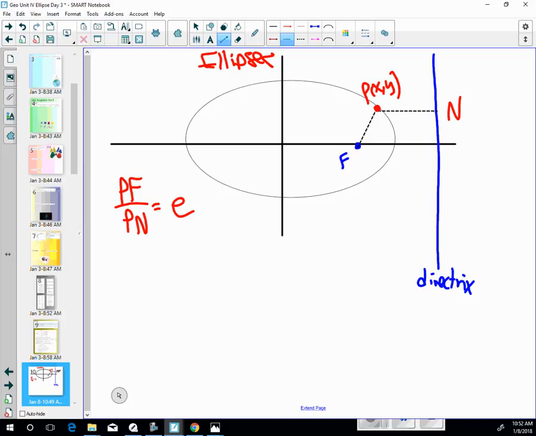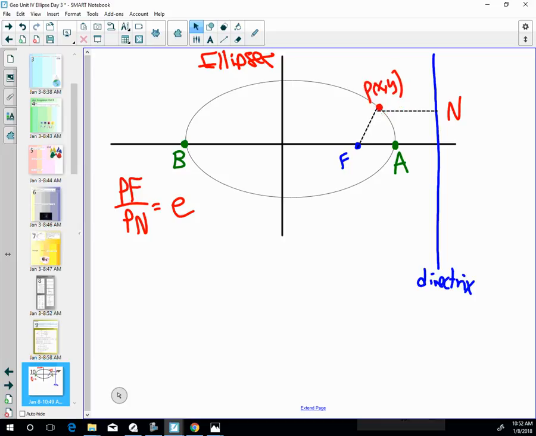Do you agree with this? This is all fine? Now what we're going to do is we're going to go to an A and a B. We're going to move this P down here to point A, and then we'll also look at this point B. So everything gets kind of moved a little bit. This X gets moved down to here, and then this distance here, and this distance here gets moved down.